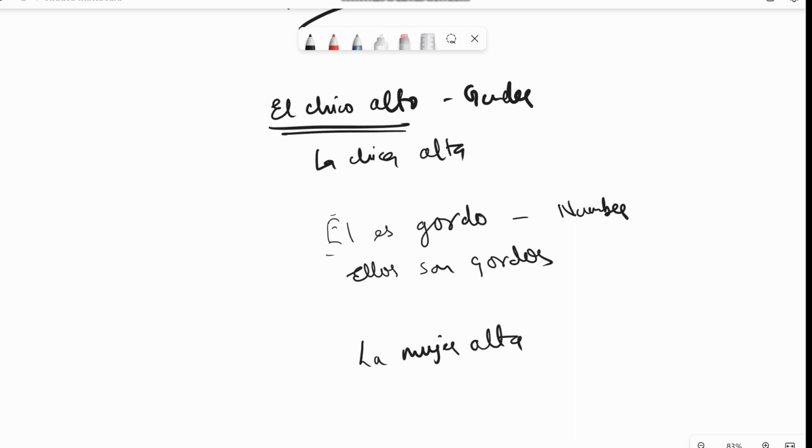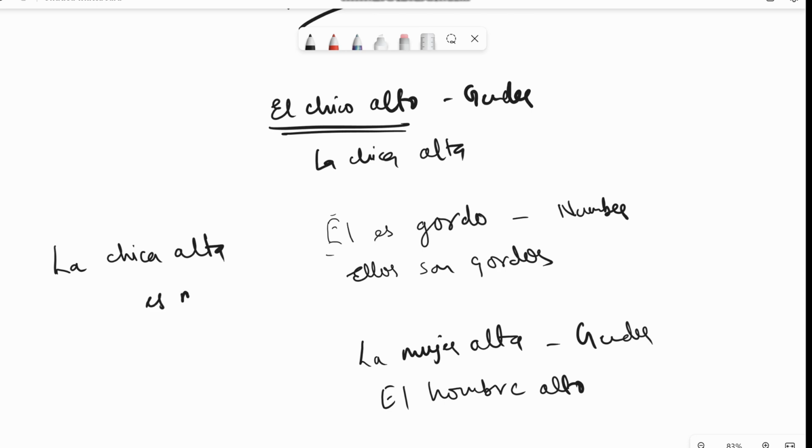Right? Now, another example, if I asked you, la mujer alta. If I ask you to change the gender of this one, you'll have to write el hombre alto. So, okay, here I have another one for you. La chica alta es muy bonita.